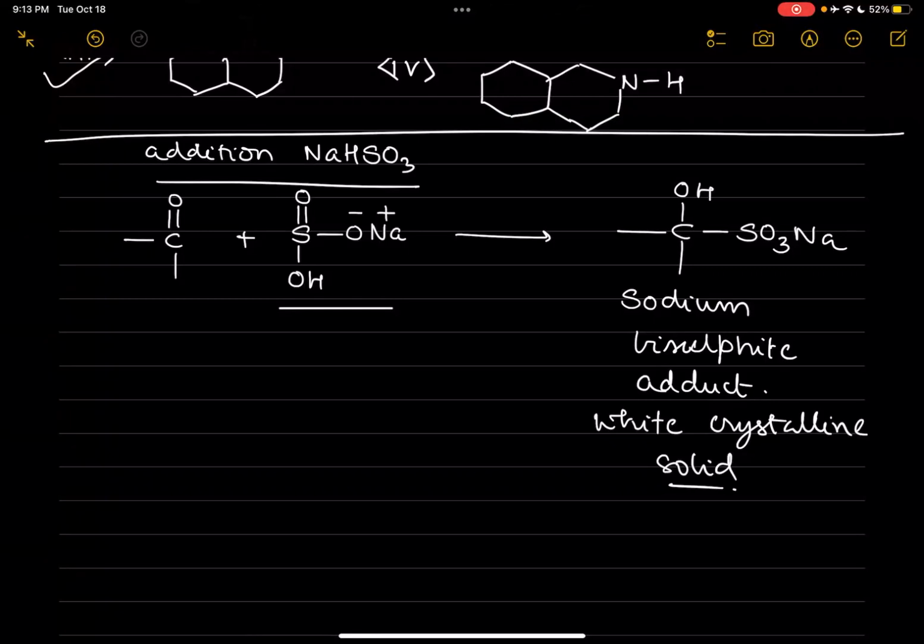The larger ketones will not react due to steric hindrance. Okay, and it can be used to separate them. So if you have this bisulfite adduct, it can be filtered because it is a crystalline solid. So it can be filtered out, right? And you can get the product. Okay, right?